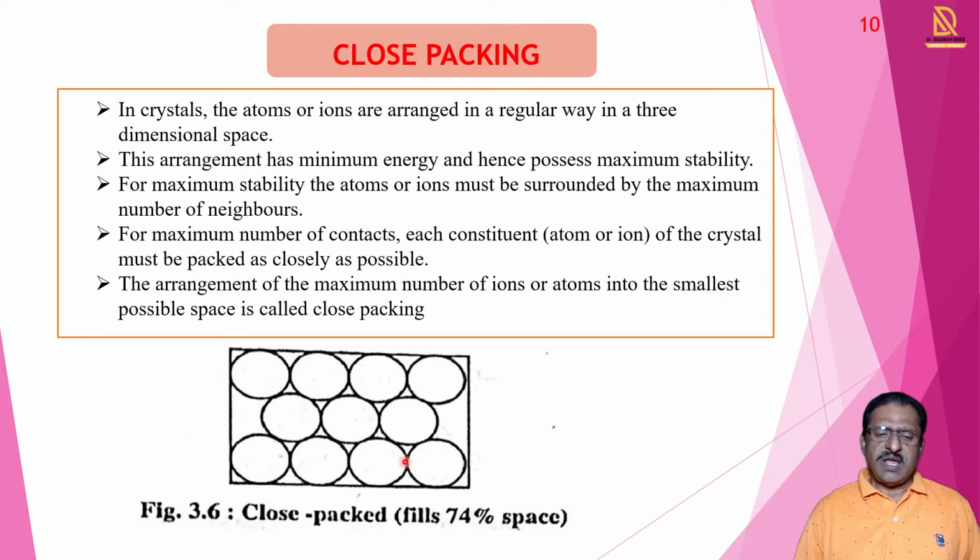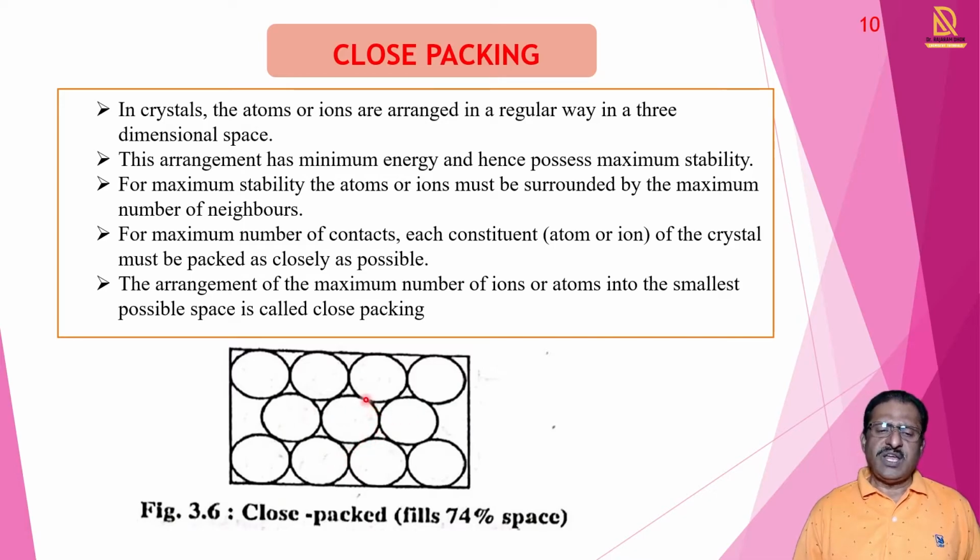Now, when this one line of ions is approached by other ions, in the other line the ions are packed in between these two ions. Again, the second ion from the second line is packed in between these two ions. In this way, the line is continued.